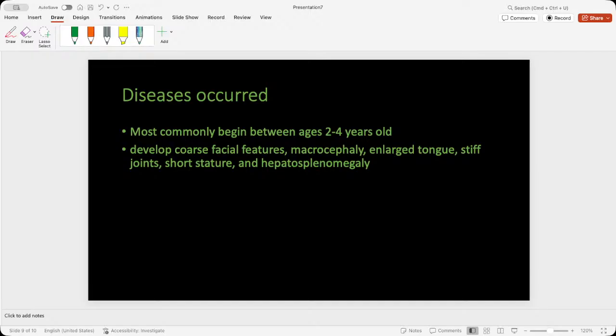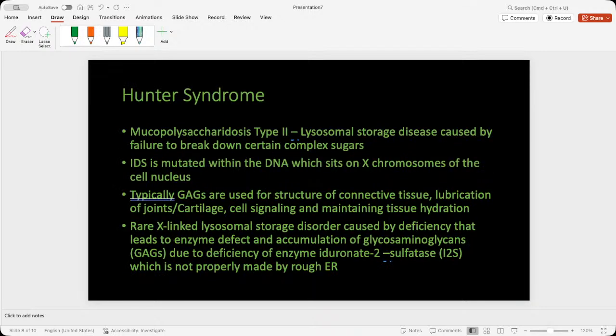You can use a medication to replace the iduronate 2-sulfatase enzyme, which is typically used to break down the GAGs. But there have been some drugs that work in the somatic parts of the body, like the somatic organs, such as the liver, the spleen, the kidneys, all the other parts except for the brain. So what about the brain?